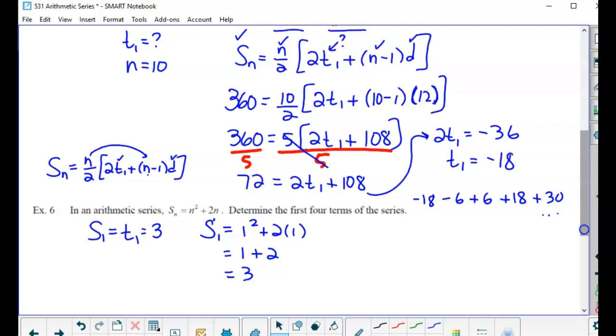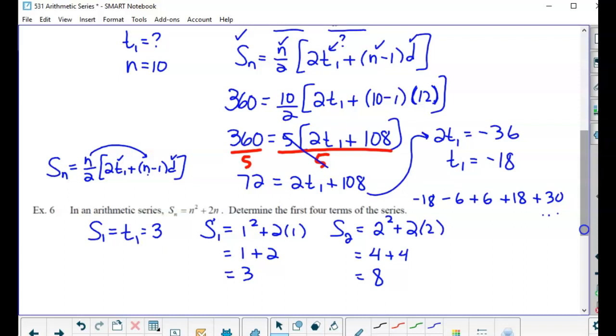S2 is going to be 2 squared plus 2 times 2. That's 8. Now be very careful: S2 is 8. That is not the second term. That's the second sum.